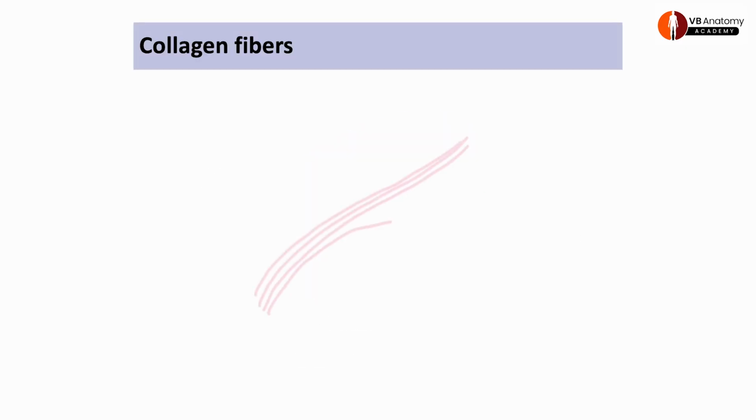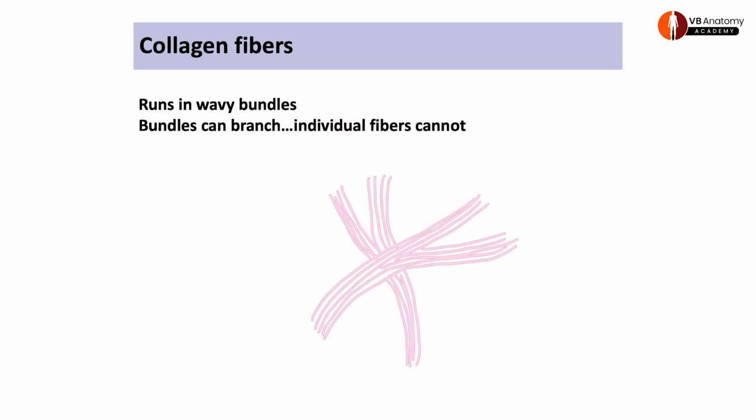Students, let's now learn how to draw the collagen fibers. Remember, collagen fibers are eosin stained fibers which run in bundles. Individual fibers do not branch, however, bundles can branch. That's it. That's how simple it is to draw collagen fibers. Now, I'm not going to teach you how to draw reticular fibers.